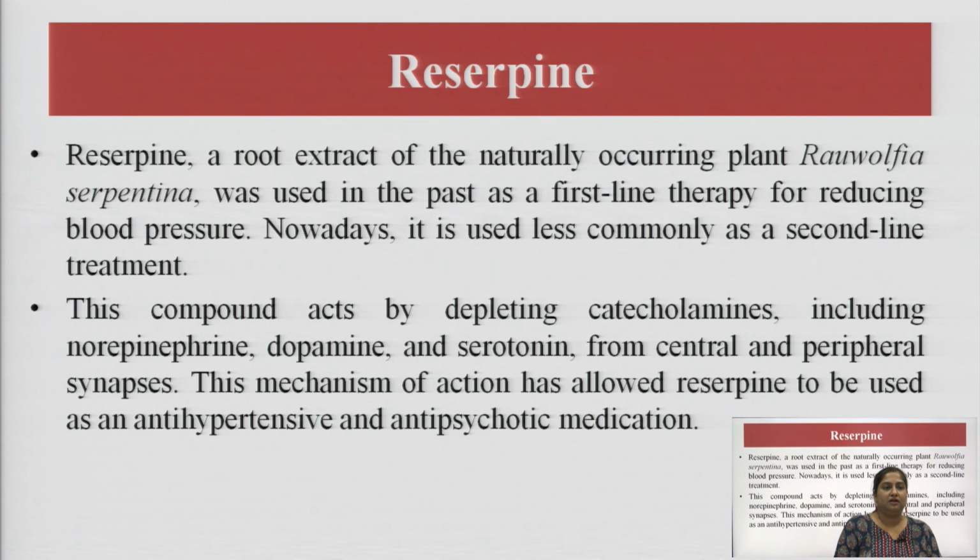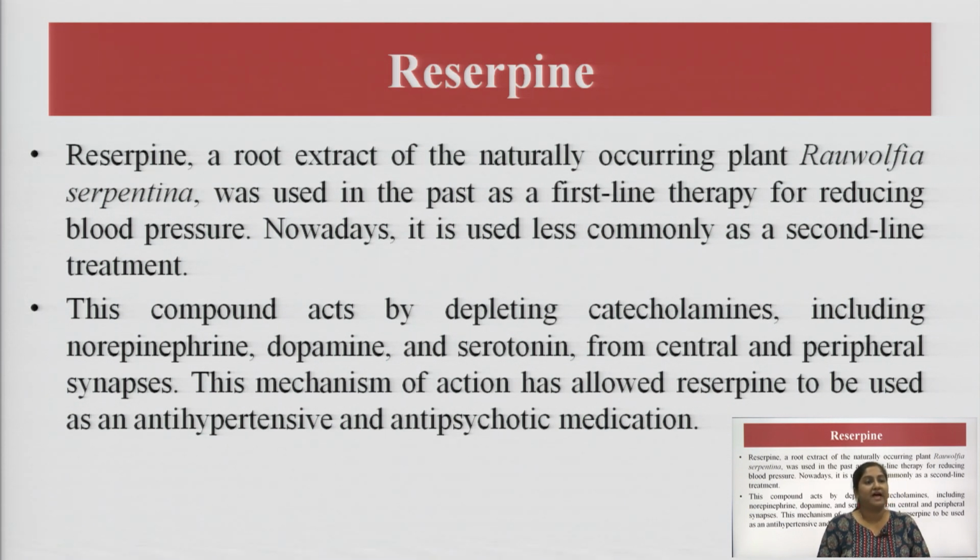In the very early days, it was the first line therapy for reducing blood pressure. Nowadays, it is less commonly used because we have many advanced medicines. So, Reserpine can be given nowadays also, but in combination with certain drugs for hypertension.